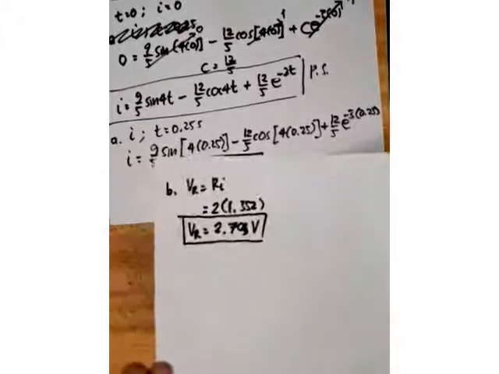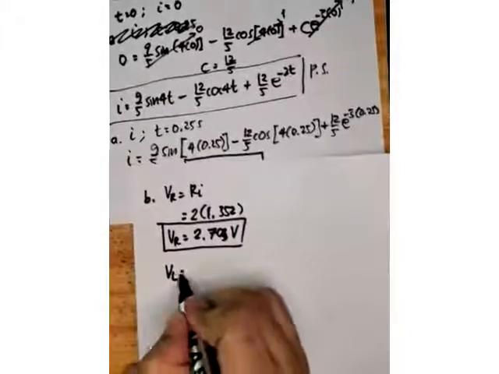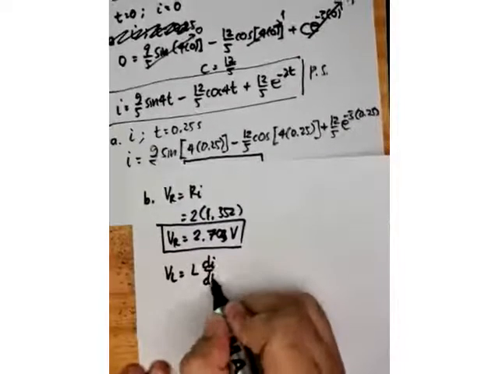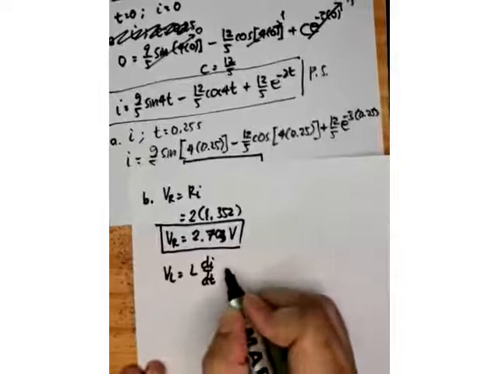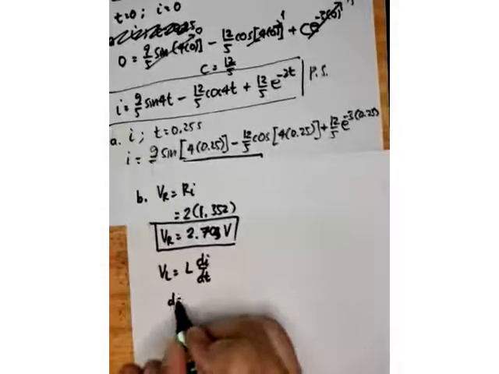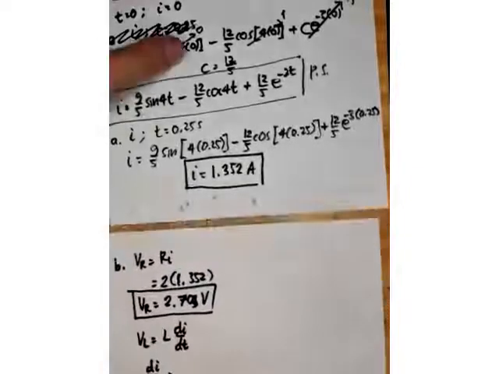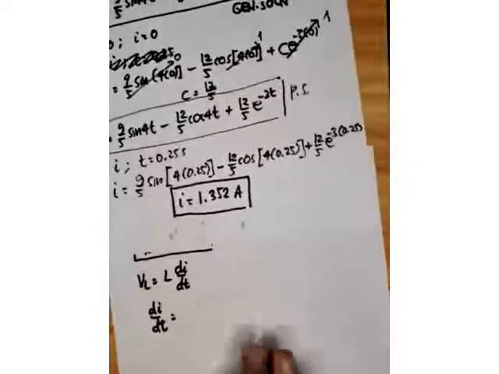Okay. Next, what is VL? So L is L di over dt. So kunin muna natin, what is di over dt? So i-derive muna natin yung equation ng current. Haba pala. So i-derive natin to.